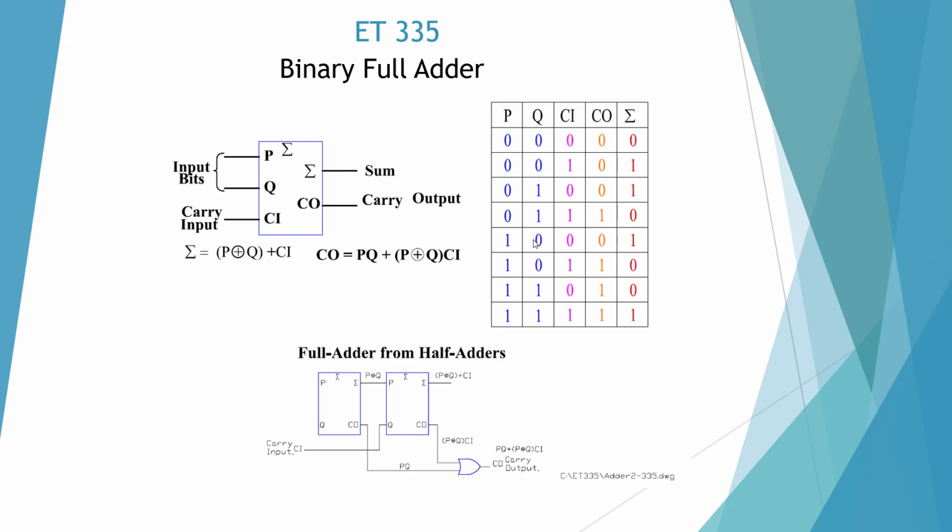Then we'd have 1 plus 0 plus 0 would be 1 sum, carry 0. 1 plus 0 plus 1 would be 0, carry 1, again binary 2. And then we have 1 plus 1 plus 0, 0 sum, carry 1, again binary 2. 1 plus 1 plus 1 would be 1 sum, carry 1, which would be a binary 3.